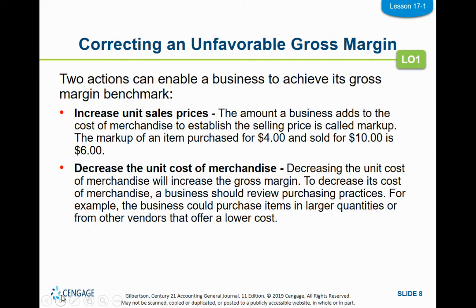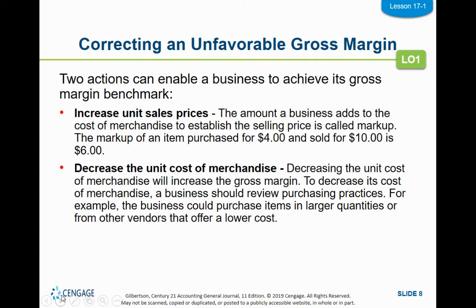So when you have an unfavorable gross margin, you have basically two options or actions that you can take to correct it. The first one is increase your unit sales prices, which means that if you're currently selling something for $4, you can raise the price to $6 or whatever.